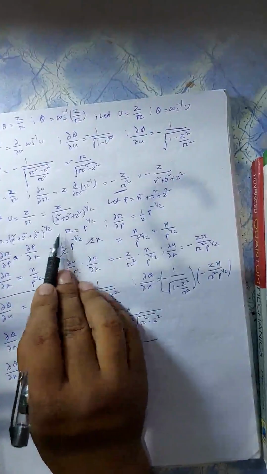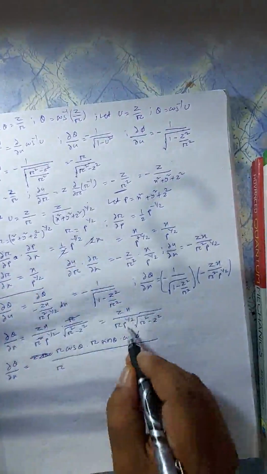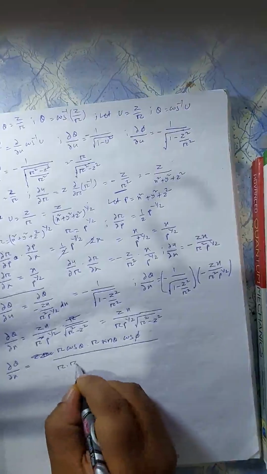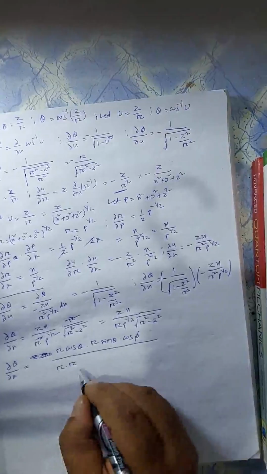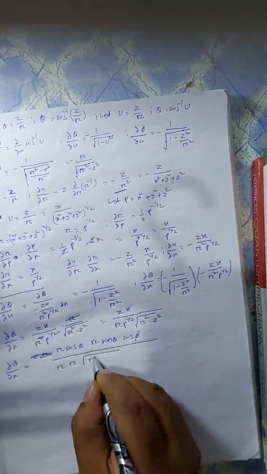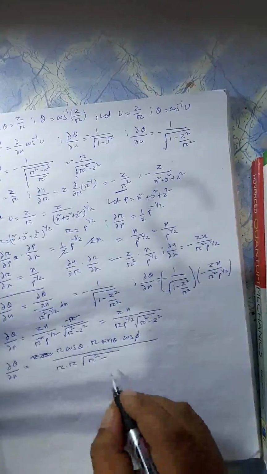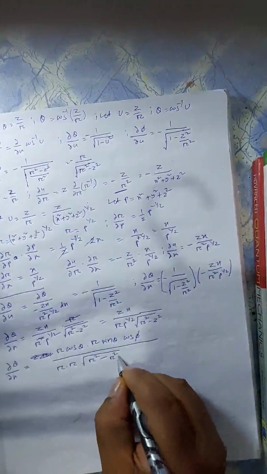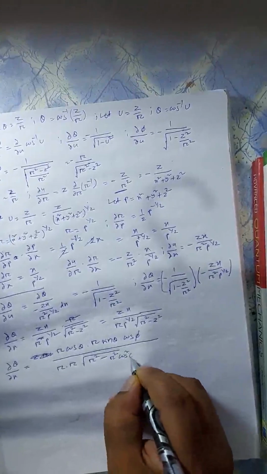P to the power half is equal to r. So p to the power half is equal to r, then square root of r square minus z square is equal to r square cos square θ.